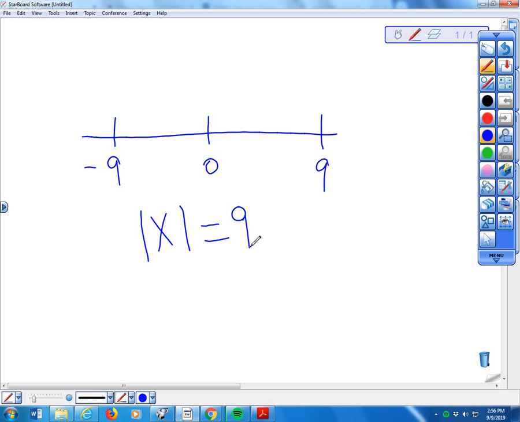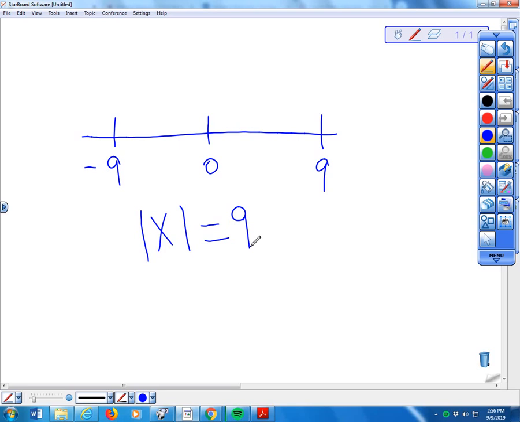So the number in this case is still 9 units, even though it's -9. And it's 9 units if it's +9. So this would be how I would write this expression. Absolute value of x is equal to 9. Absolute value of what number is 9 units away from 0? Well, the answer is either -9 or +9.